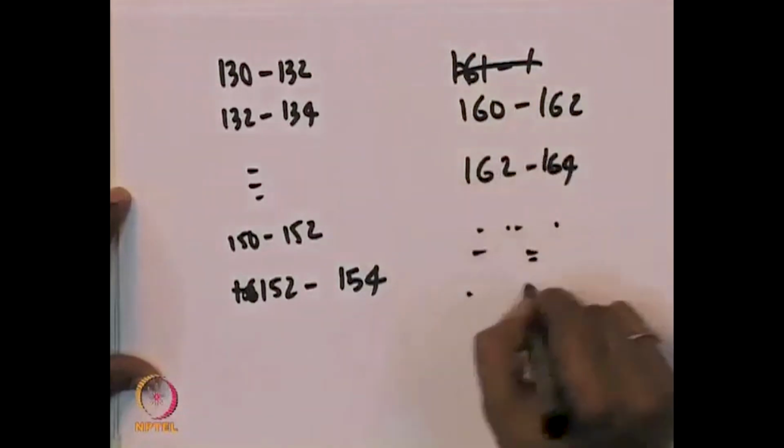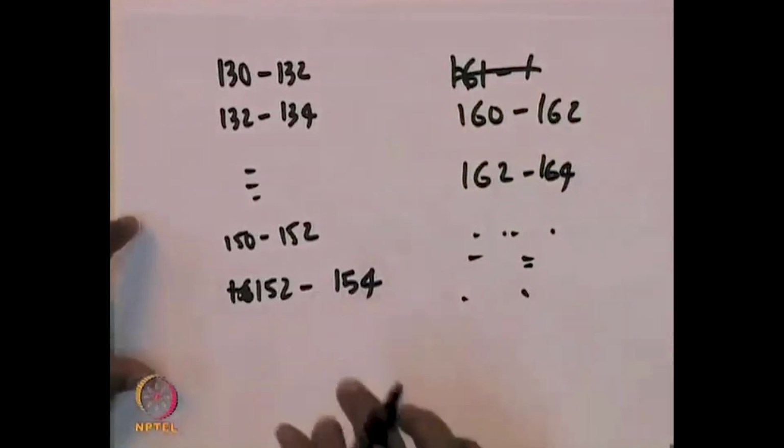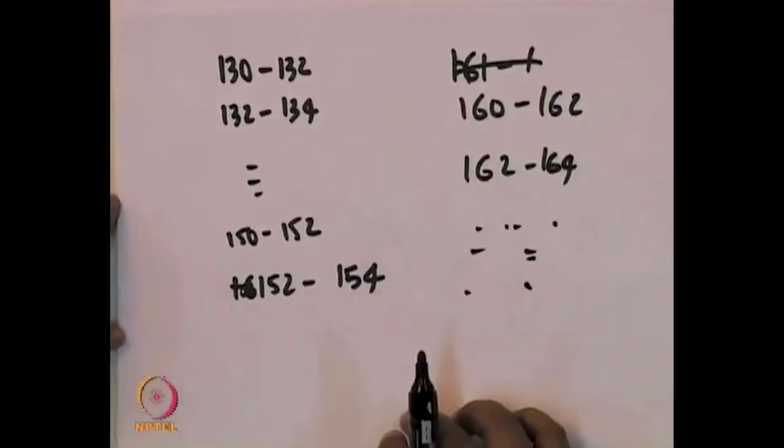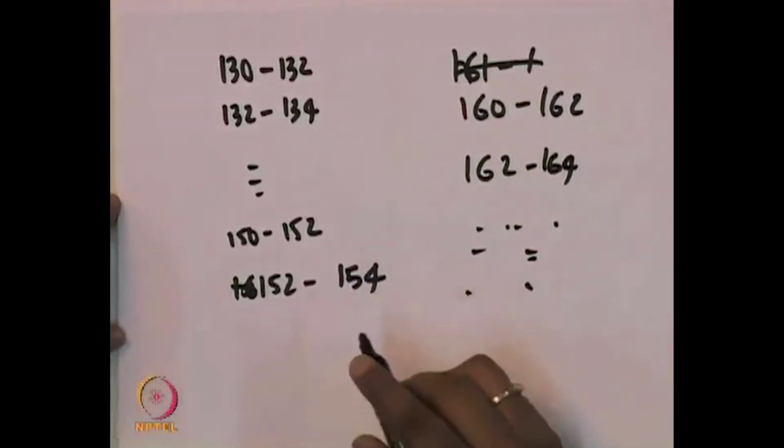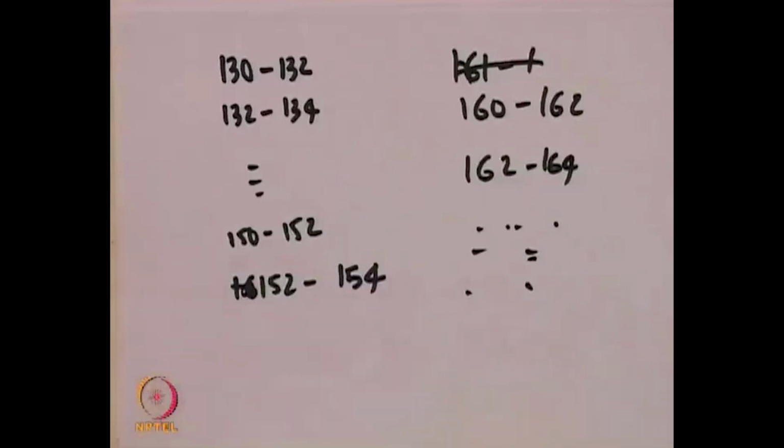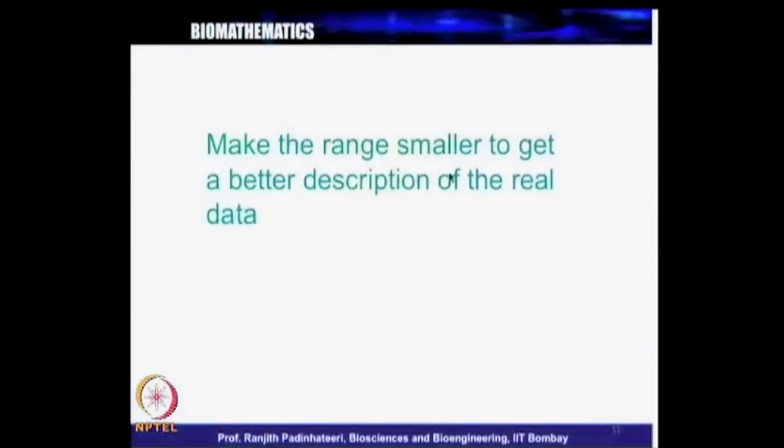So you can take an interval of 2. Then you can make the interval smaller and smaller, and that will be a better description of the real data.